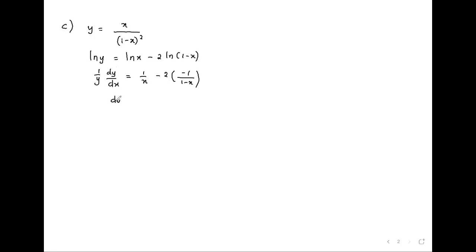So we get dy dx is equal to, when you multiply by y, you get this squared, and then we have 1 over x plus 2 over 1 minus x, like that. So we simplify so that we are able to get a second derivative.